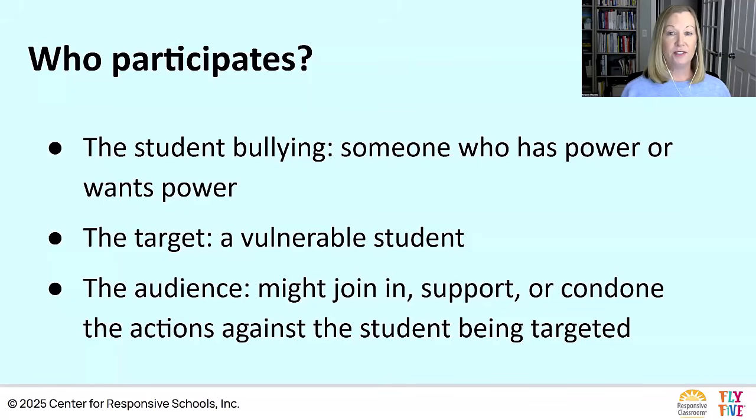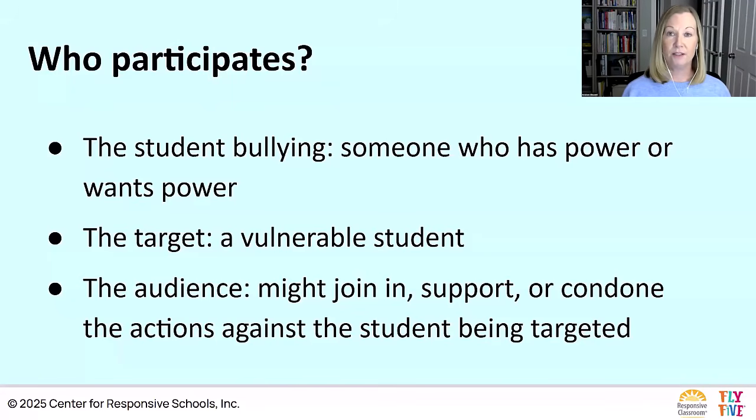Differences can increase the risk of bullying. So whether that's a difference in appearance or behavior, even things like family income level or a student with unusual interests or abilities, that can set them apart. And those differences can lead someone who's looking for power to make that student their target.